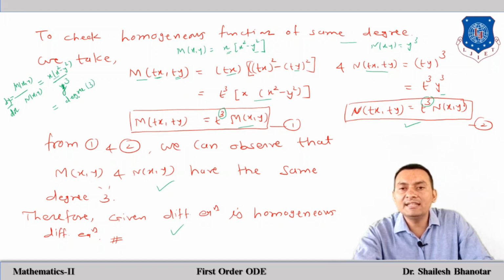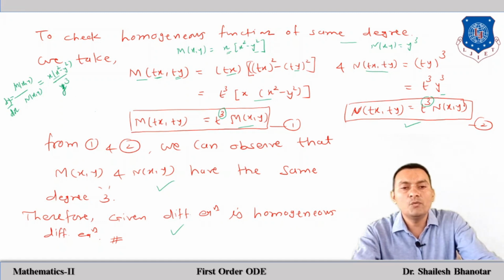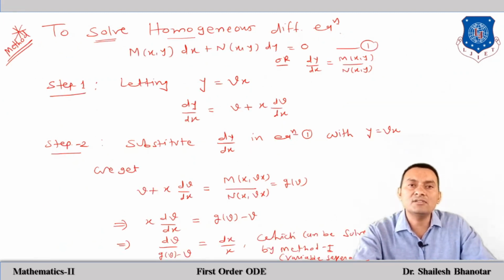So we can say degree is nothing but 3, and the same for the denominator, the degree is 3, and therefore we can say this is x raised to 0, or y raised to 0, or t raised to 0. Because anything raised to the power 0 will be 1. That means we can say 0 degree is there, and therefore the given differential equation is nothing but homogeneous. So if it is a homogeneous function, then we can solve it.